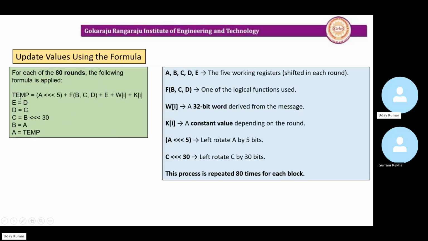So for a single round, for each of the 80 rounds, the following formula is applied. These are the mathematical operations applied here. It looks like some swapping is being performed.